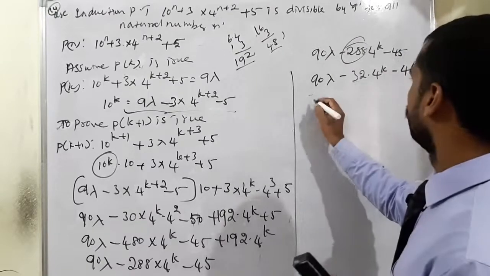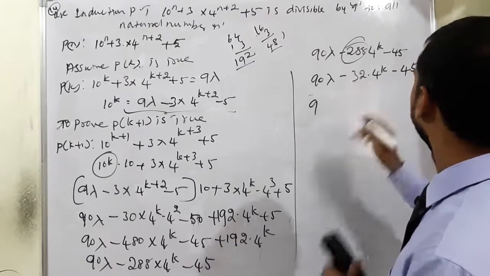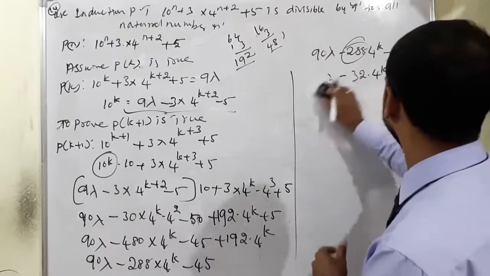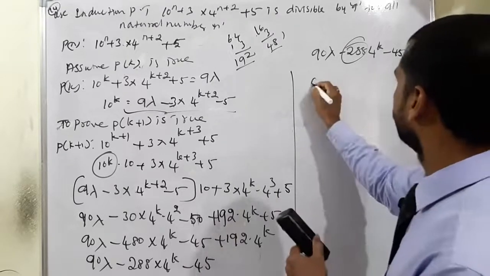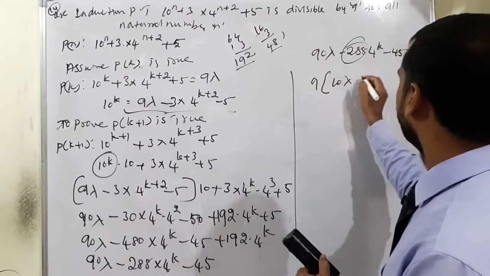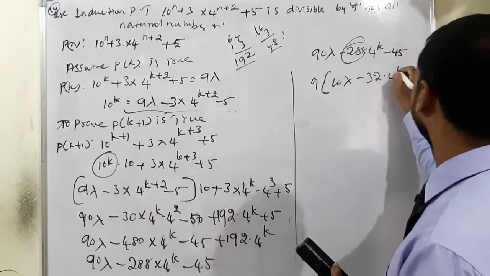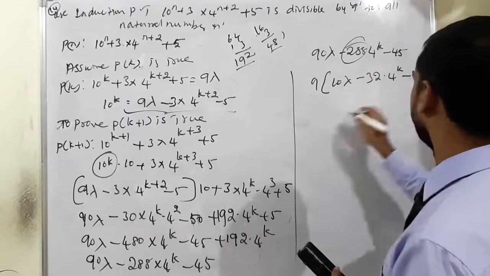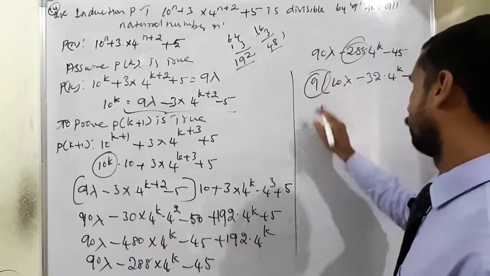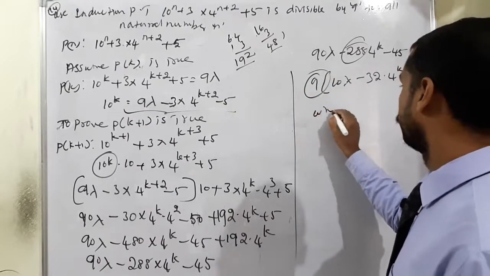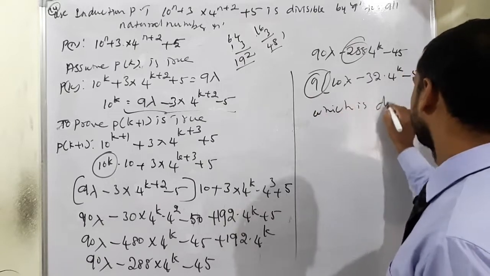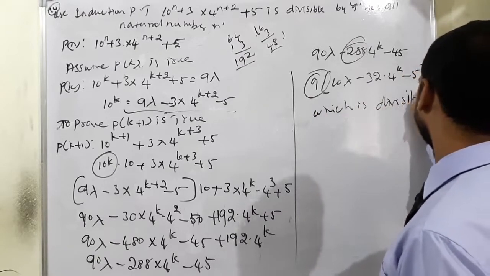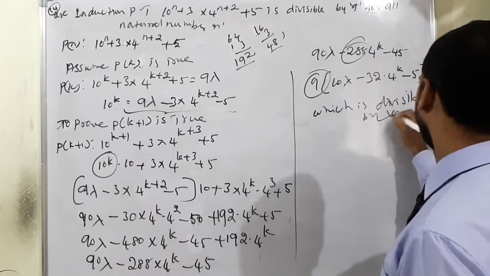Now, taking 9 common outside, inside we get 10λ minus 32 into 4^k minus 5, which is a multiple of 9, which is divisible by 9.